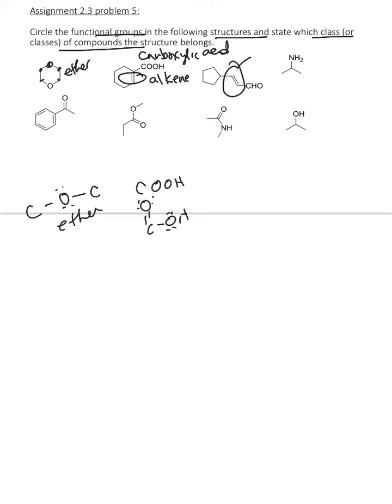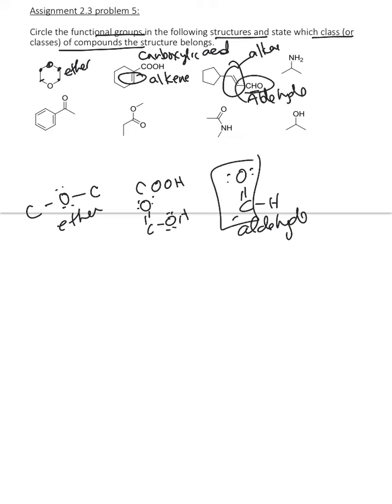Once again, we have an alkene here. If you do the CHO, you will do the Lewis structure and you'll see that that is an aldehyde. And that's a carbonyl. Carbon, once again, can be bonded to four things if it's double bonded to the oxygen.